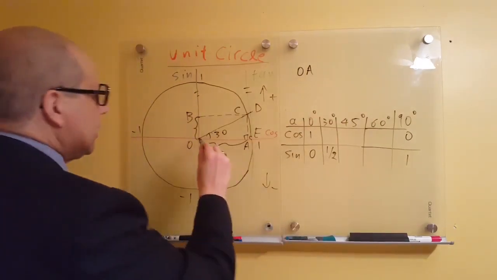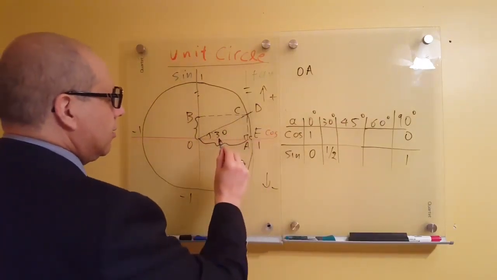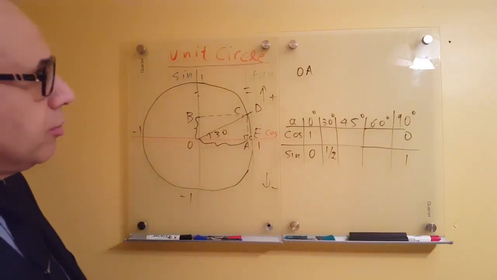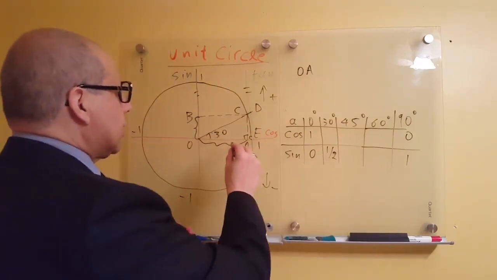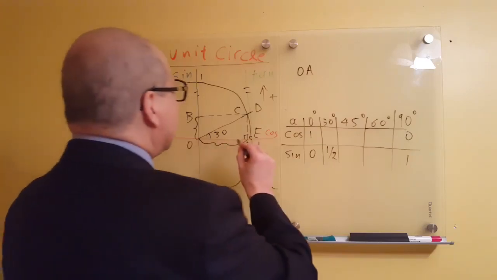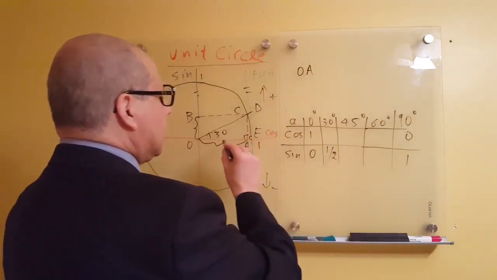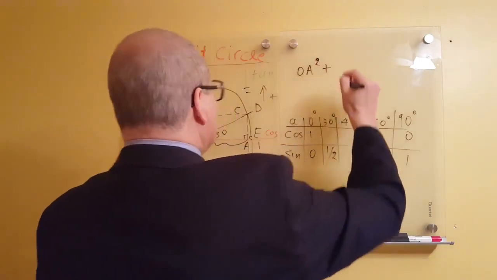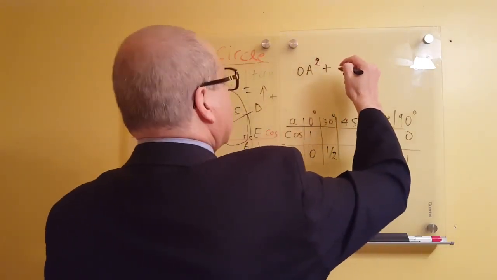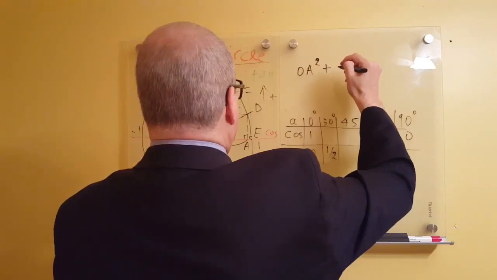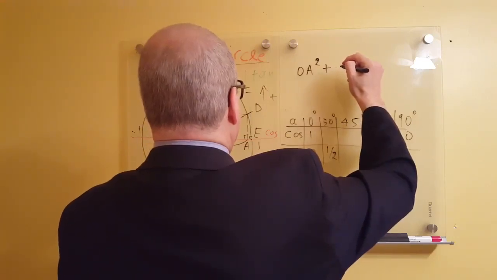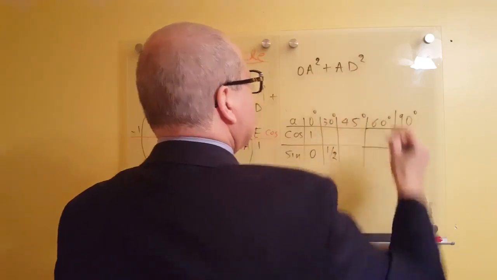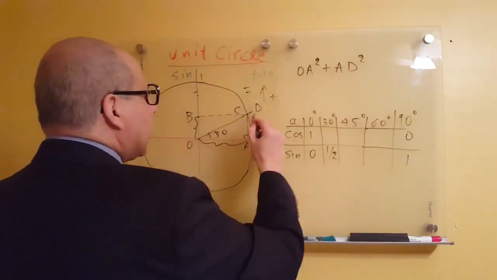When you have this here, it's a right triangle, and that means that you can apply the Pythagorean theorem, which says that the sum of the squares of the two perpendicular segments, so OA square plus AD square, has to be equal with the hypotenuse square.